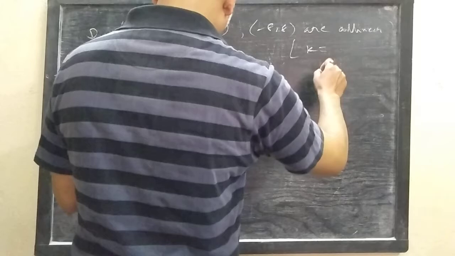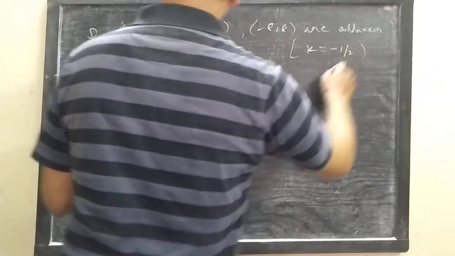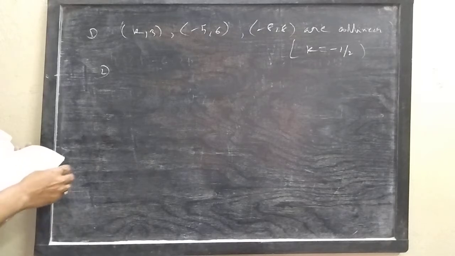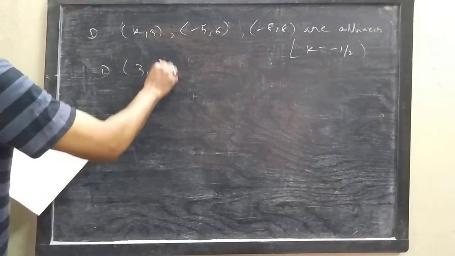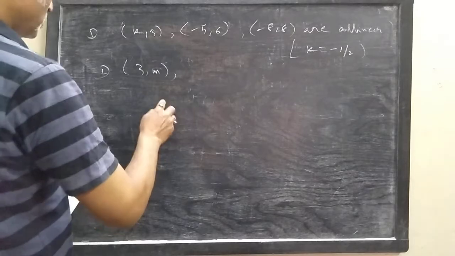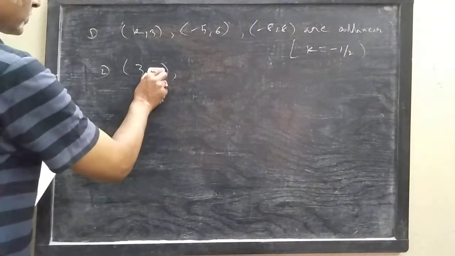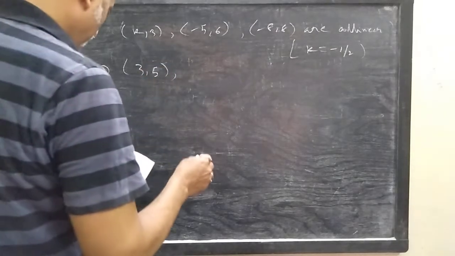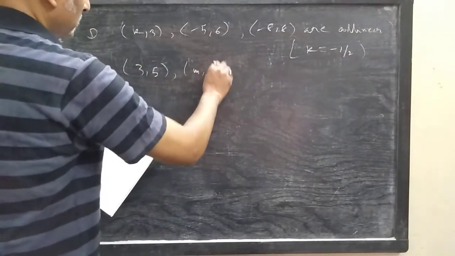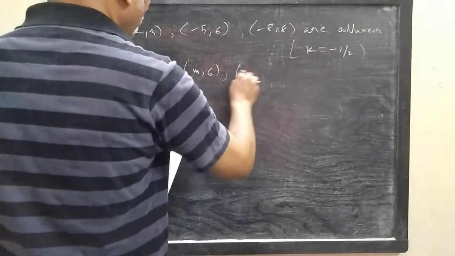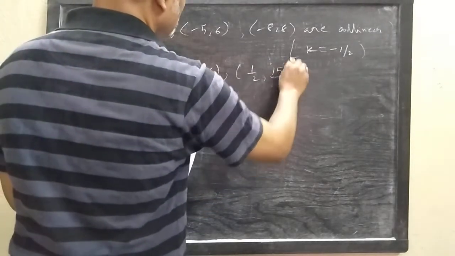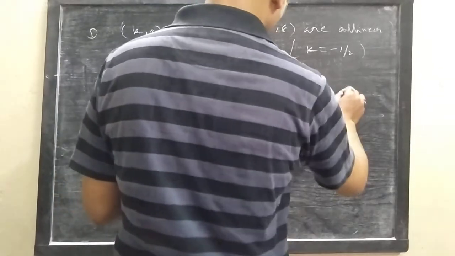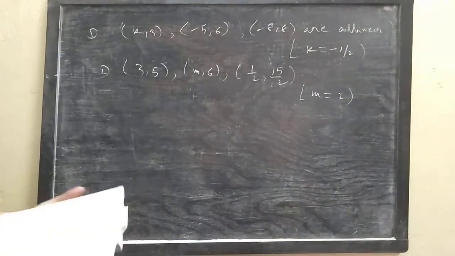Answer, k will be minus half. Homework number 2, find m so that the points 3 comma 5, m comma 6 and half comma 15 by 2 are collinear. Your answer will be m equals to 2. So you can solve this type of problems.